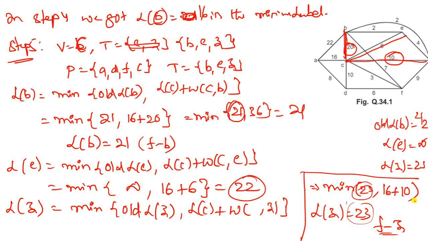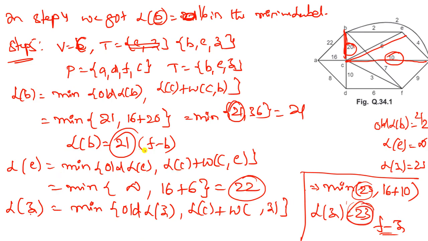So in step 5 we visit B, E, Z. Now tell me, what is the minimum label here? What do we get as the next shortest path, nearest path? Next, which vertex should we travel? You see here L of B is 21, L of E is 22, L of Z is 23.